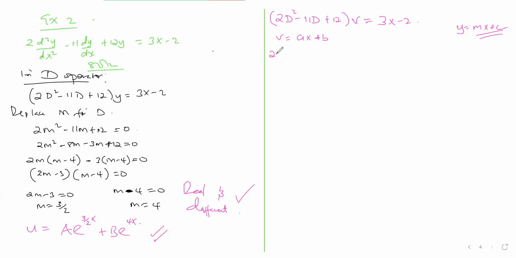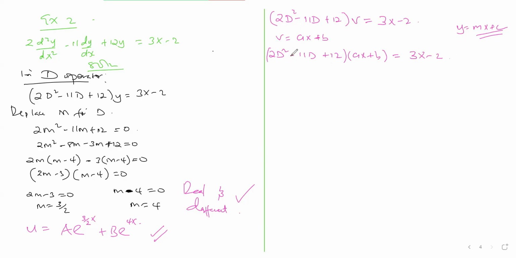So we have 2d squared minus 11d plus 12, into bracket ax plus b, equals 3x minus 2.